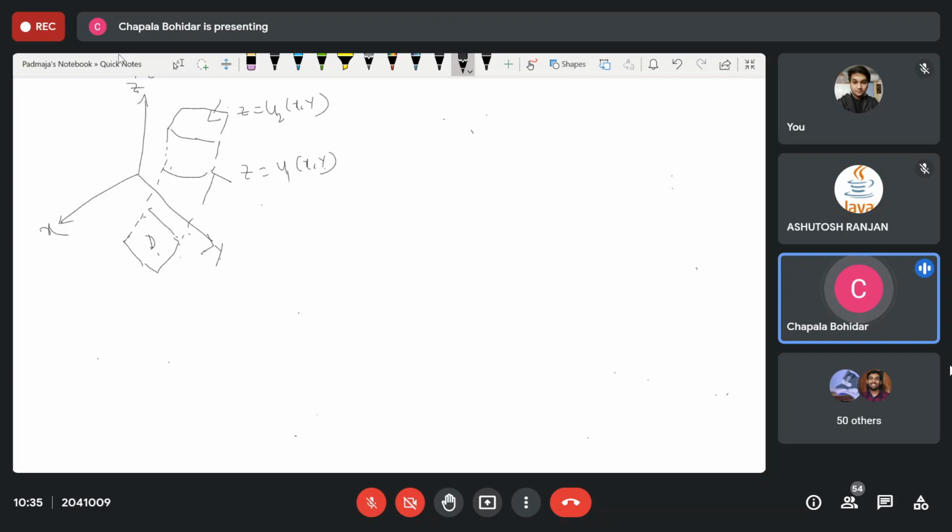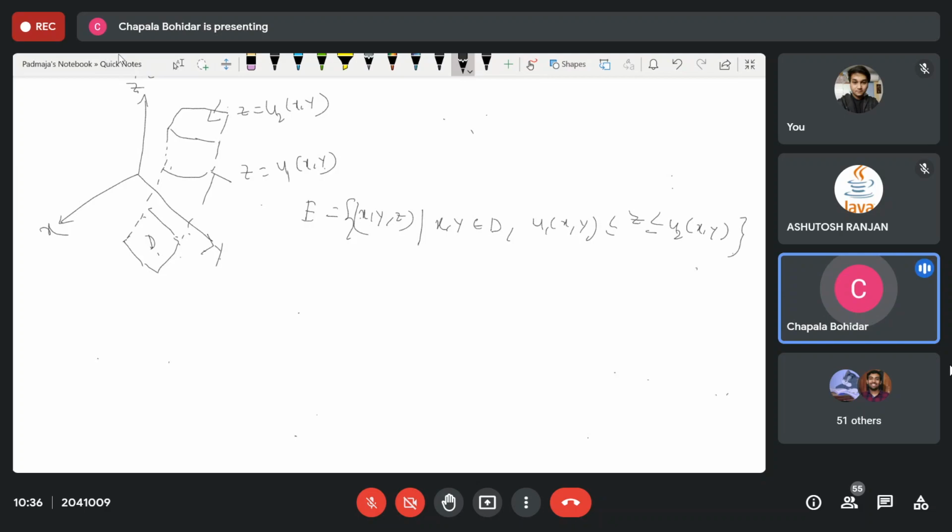And for this R, we can write E as the set of (x, y, z) where (x, y) belongs to D. D means it may be type 1 or type 2 for the domain. Then U1(x, y) is less than or equal to z is less than or equal to U2(x, y).